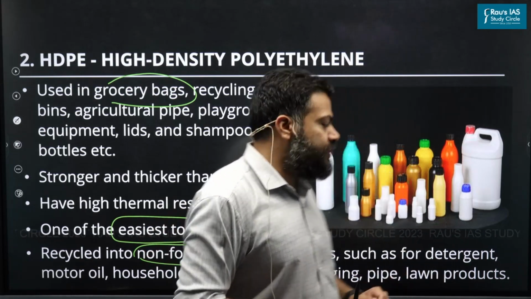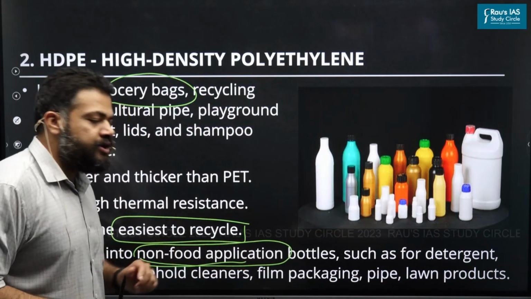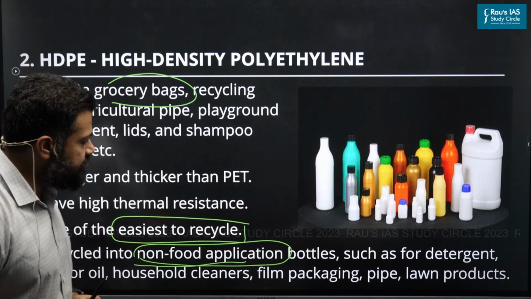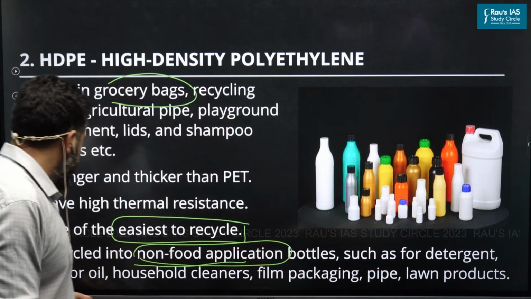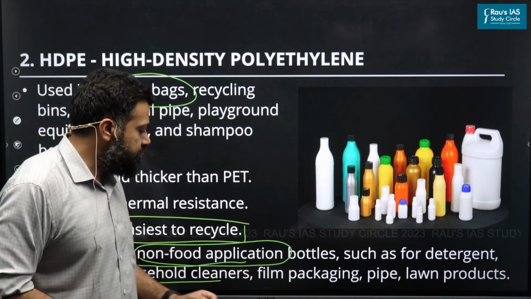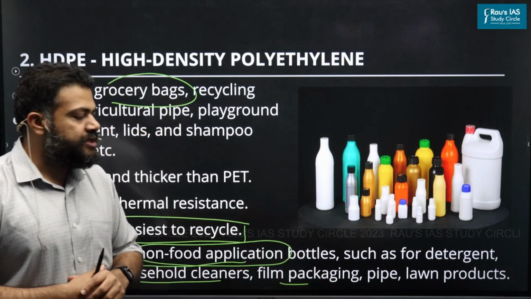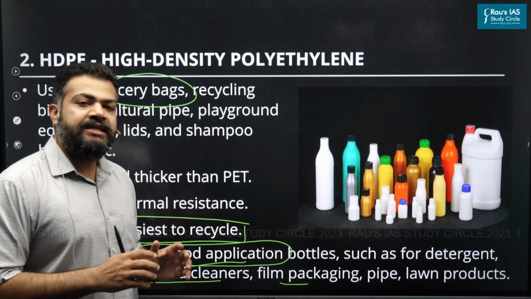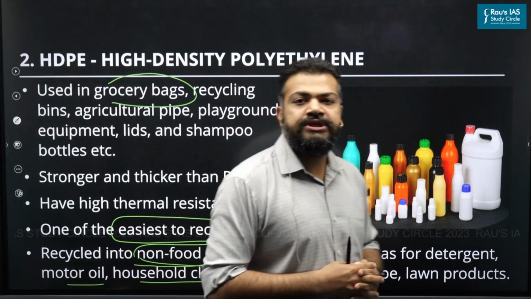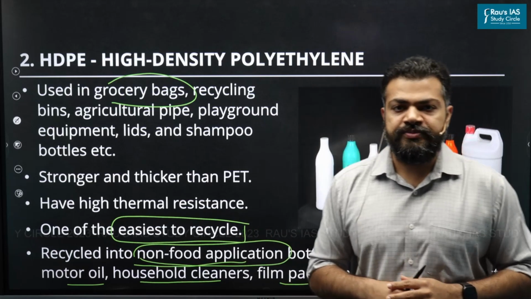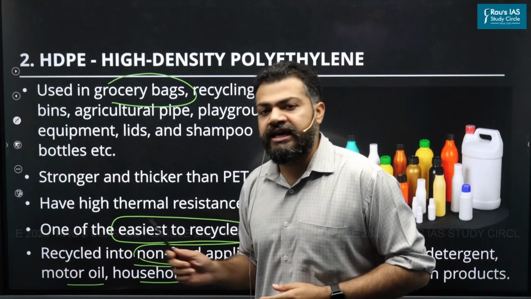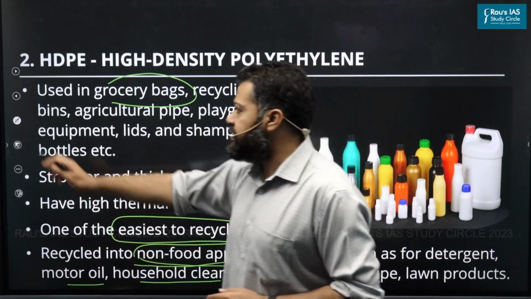So non-food packaging is quite popular for HDPE bottles, such as detergent, motor oil, household cleaners, film packaging, pipes, lawn products, etc. These are the major products which are quite popularly made of HDPE. Even recycled HDPE is quite popularly used for these things.